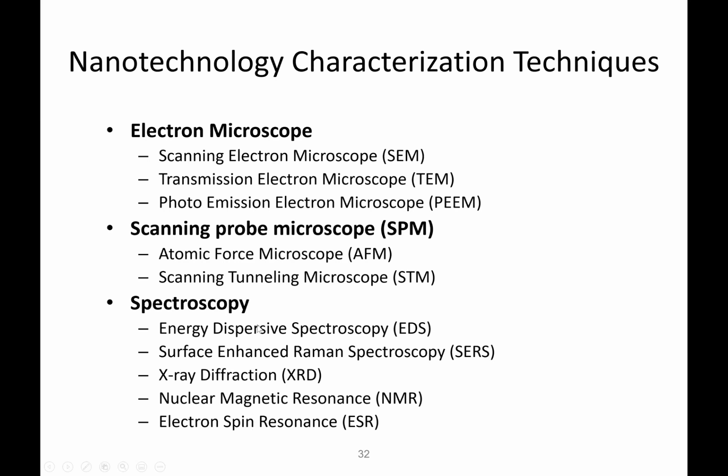All this material characterization information can be obtained by spectroscopy, but the methodology doesn't show the lithography pattern or device patterns. So these two, electron microscope and scanning probe microscope, we're going to talk about a little bit.